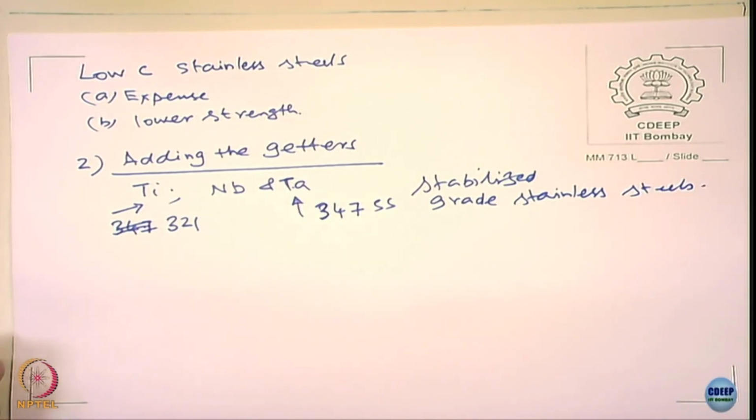What is the principle here? The principle is very similar to sensitization. If you take 304, chromium carbide forms in preference to the iron carbide, in preference to the nickel carbide. But you add a third element which forms a much stronger carbide, then automatically carbon will go to the other element.